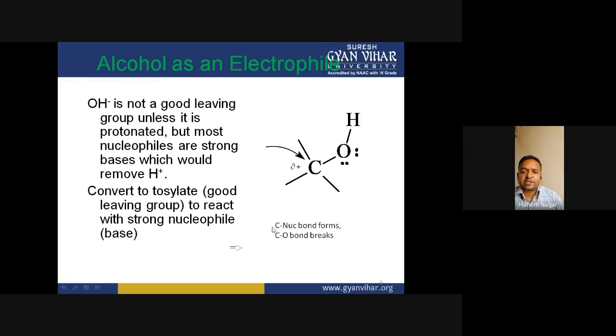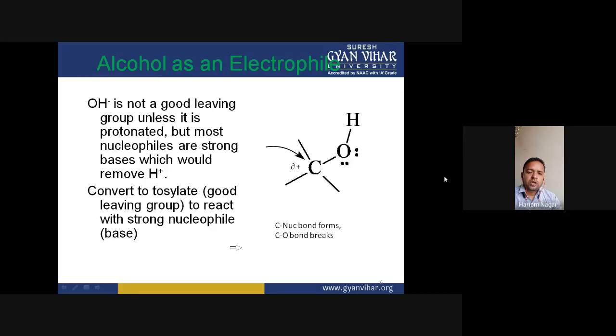In this reaction, there is formation of a bond between carbon and nucleophile, and breaking of the bond between carbon and oxygen. After the breaking of this carbon-oxygen bond, the OH group takes the shared electron density on itself and is removed in the form of OH minus ion.